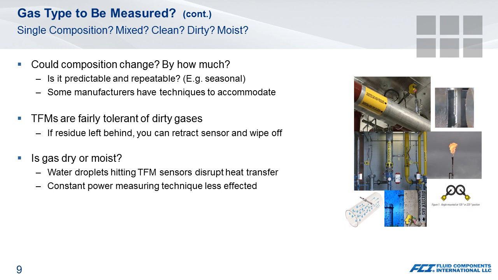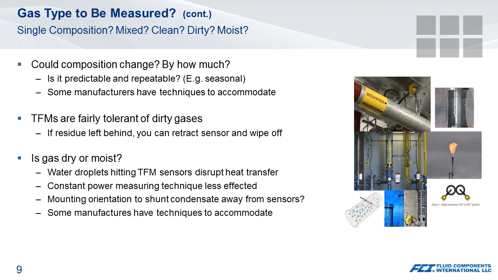And a handful of manufacturers have some special techniques depending on how much condensation is in the line. If you know it, be sure and tell your manufacturer that it is a moist gas application, and they may have techniques to mitigate that.